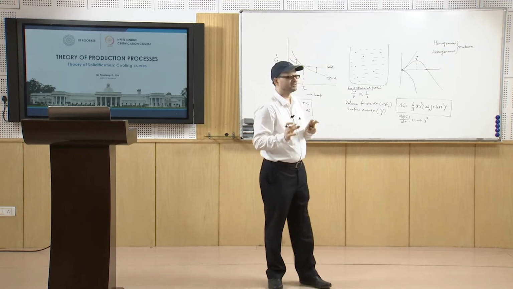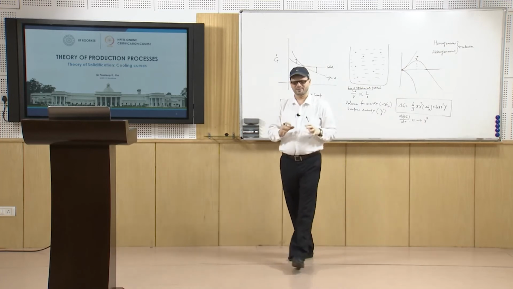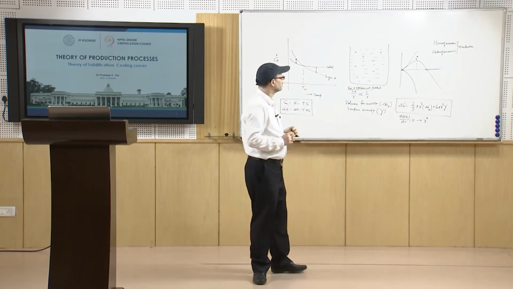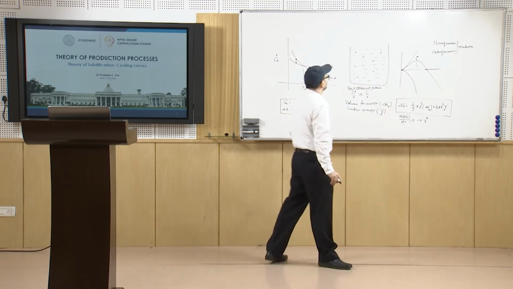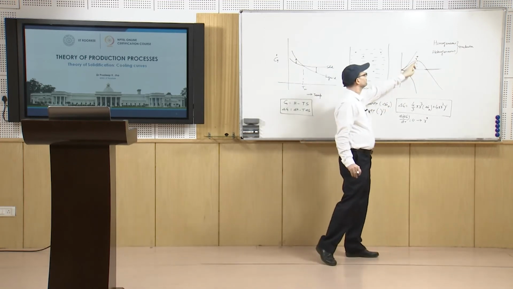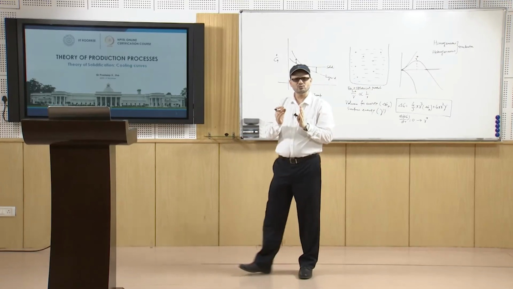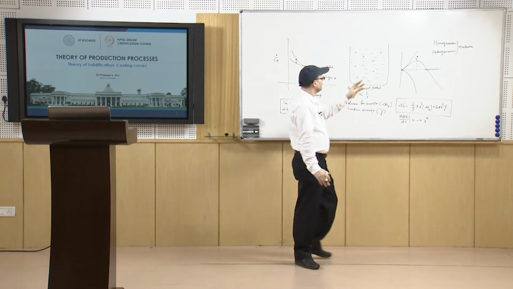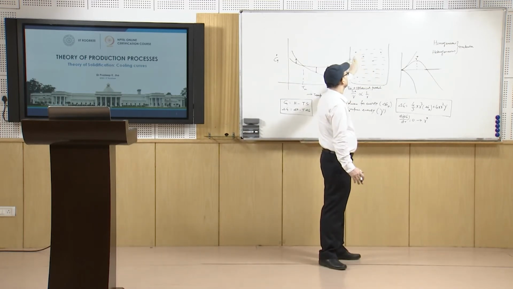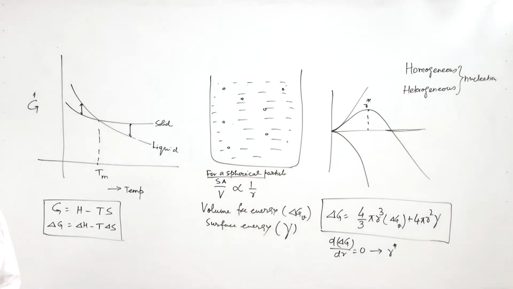All these are controlled by certain approximations, which you can read in the books. But here the main purpose is to tell you that this occurs when the temperature is reduced, comes to the equilibrium temperature, and goes below that. So slowly, at different points, nucleation starts.